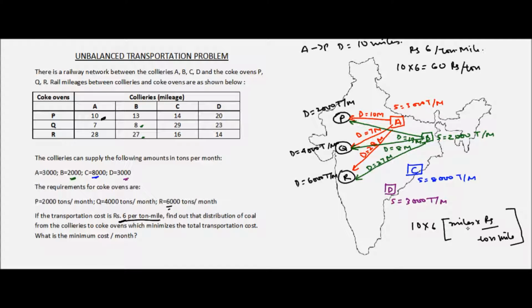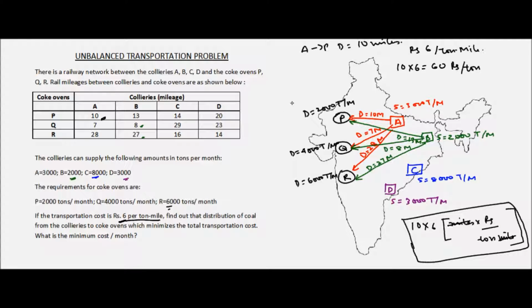Now here what we do is we cancel these miles. So the unit of measure now becomes 10 multiplied by 6 rupees per ton. So this is how you derive the unit of measure based on the formula which you are using. So with this calculation, we'll know the cost of moving 1 ton of material from each of the collieries to each of the coke ovens.